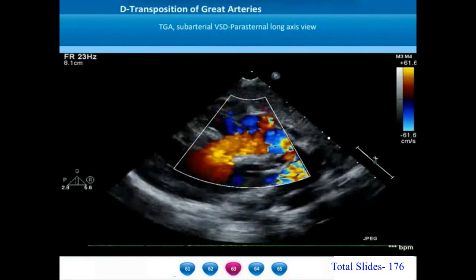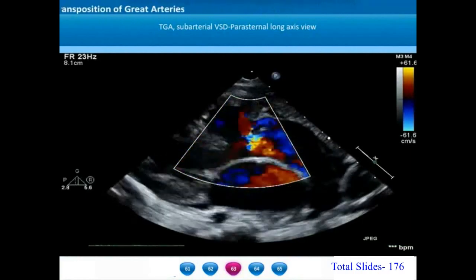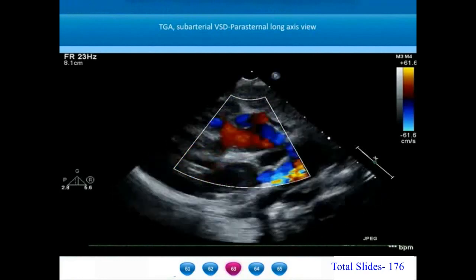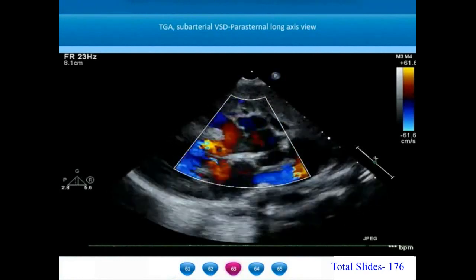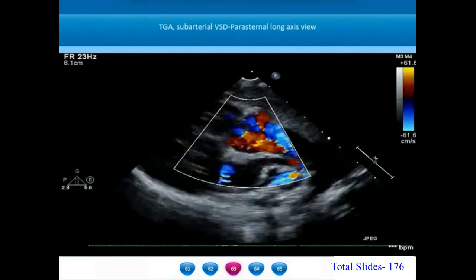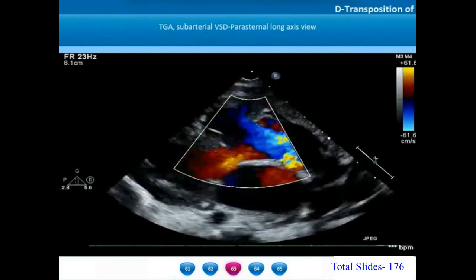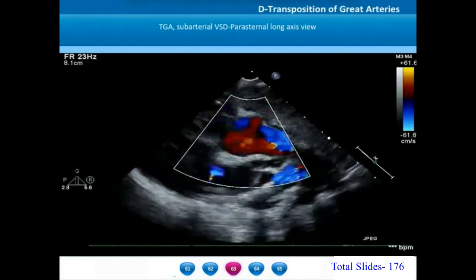If there is a fibrous discontinuity between the pulmonary annulus and the mitral annulus, and a subpulmonary conus is documented, then they are defined as double outlet right ventricle with subpulmonary VSD, which is also called Taussig-Bing anomaly.